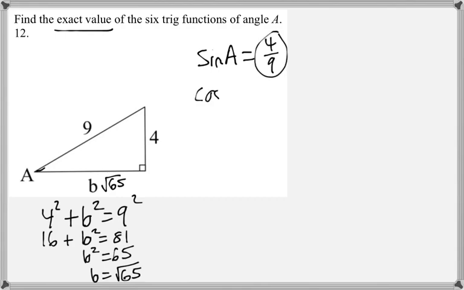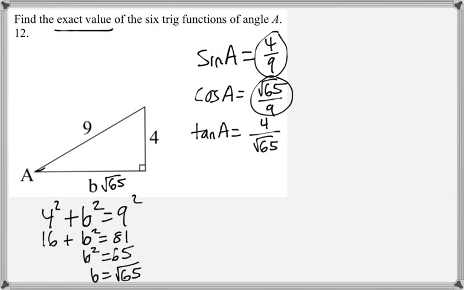For cosine, it is the adjacent over the hypotenuse. So that'll be square root of 65 over 9. For tangent, that is the opposite over adjacent. So 4 over square root of 65.